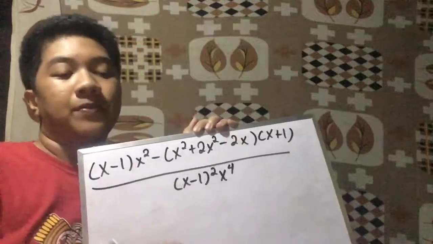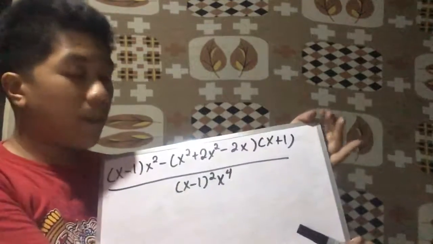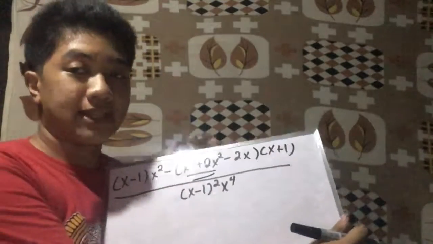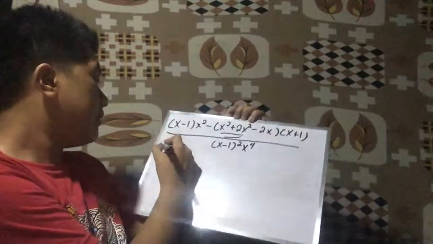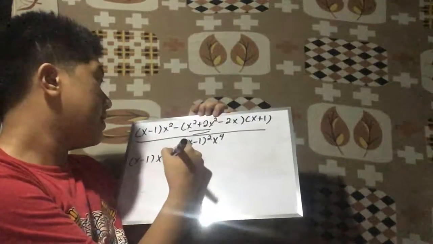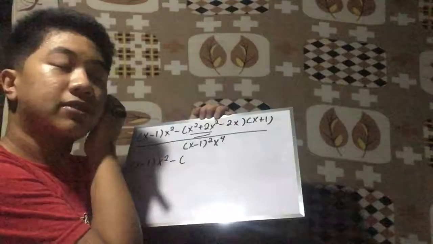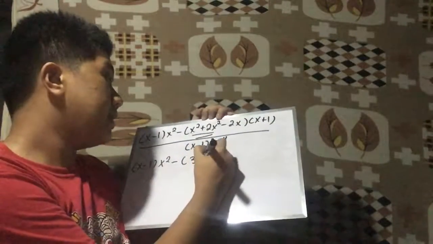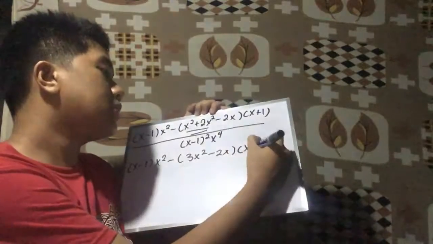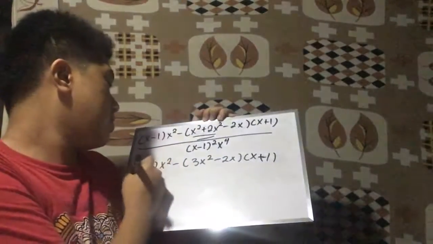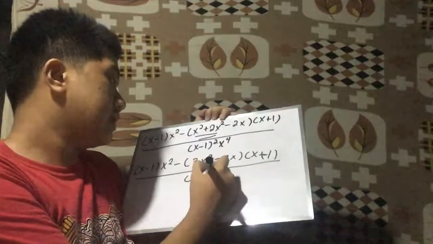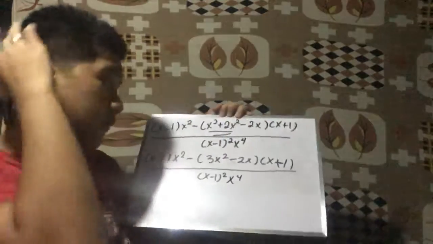Okay, so what comes next? We are just going to combine like terms, which is x squared plus 2x squared. So that will be, we just have to copy x minus 1 times x squared minus x squared plus 2x squared will be 3x squared minus 2x times x plus 1 all over our denominator x minus 1 squared x raised to 4.